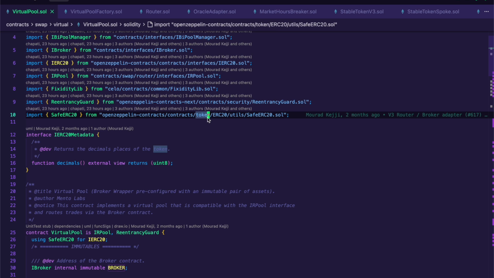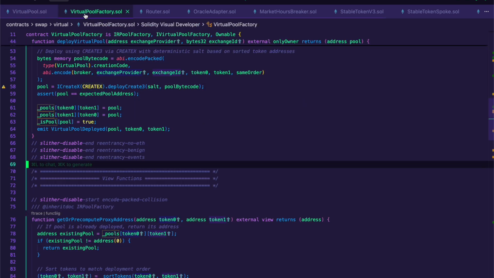The next contract is the virtual pool contract, which allows us to integrate both Mento v2 pairs and Mento v3 pairs into the router contract, and also enables us to route through both versions of the protocol. This contract will be used until we deprecate Mento v2.